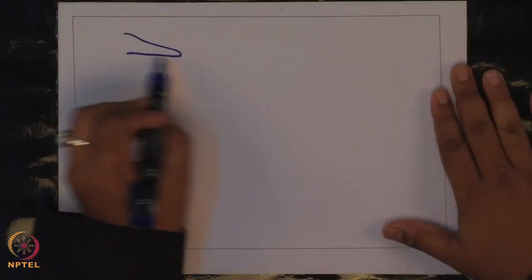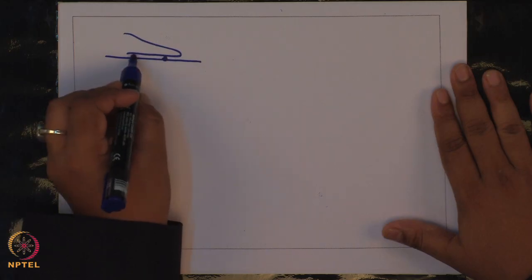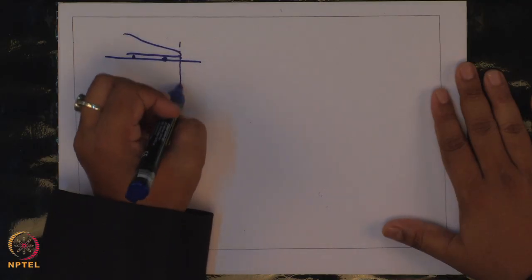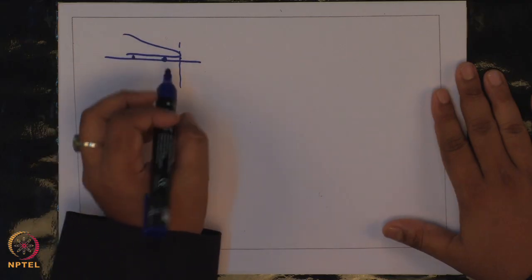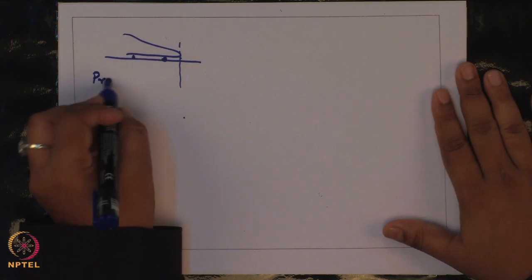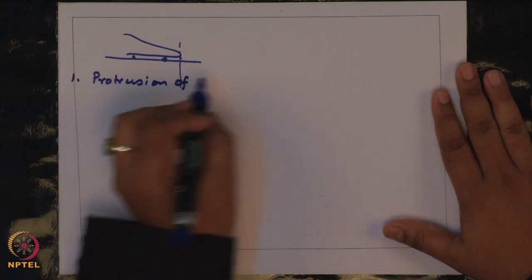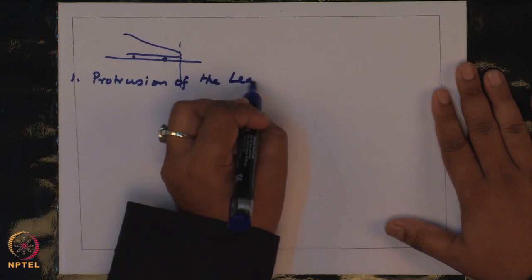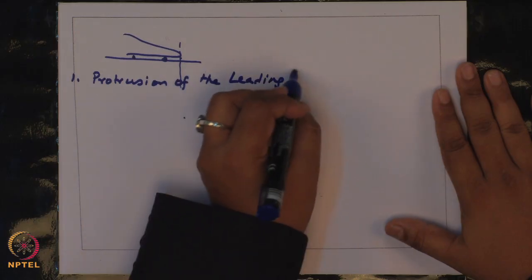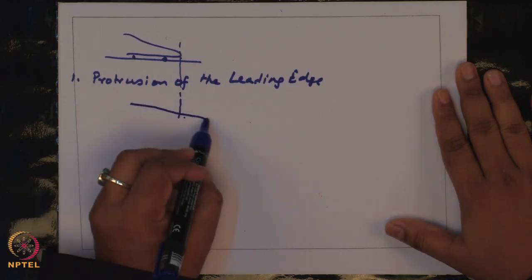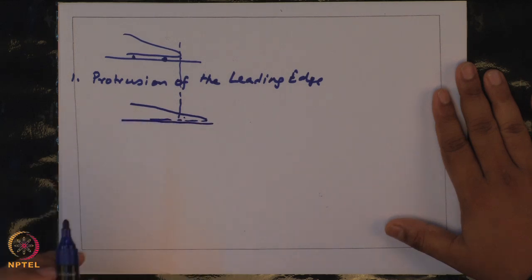So, what are the steps of cell migration? If you have a cell resting on a substrate, and these are my adhesions, it always begins with protrusion of the leading edge. So, you have a slight protrusion of the leading edge.